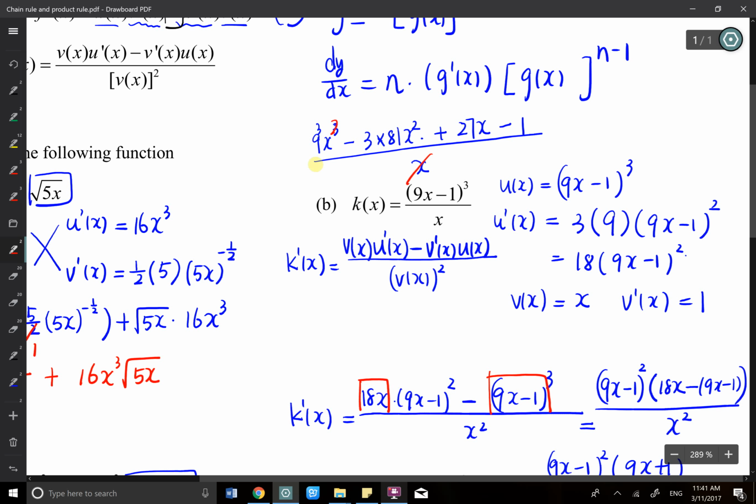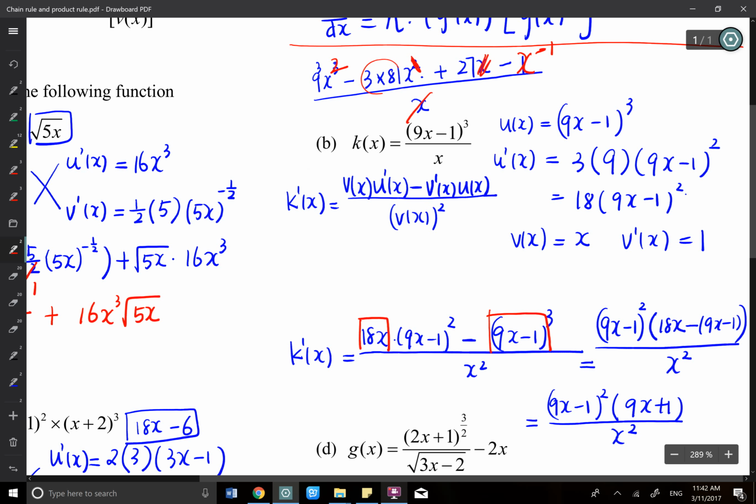That becomes power of 2, that becomes power of 1, and that becomes 27, and then that becomes 1 over x, which is x to the power of negative 1. And then I will derive from that, so it's 9 to the power of 3 times 2 times x minus that number, and then plus 0, and then plus 1 times x to the power of negative 2. So that's how we'd derive it before we learn the quotient rule. You can have a look after we learn the quotient rule. That will be a lot easier to do.